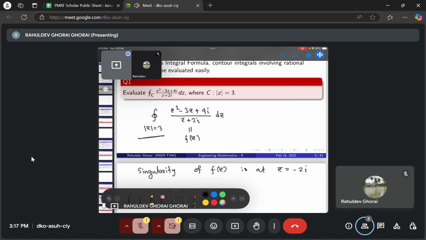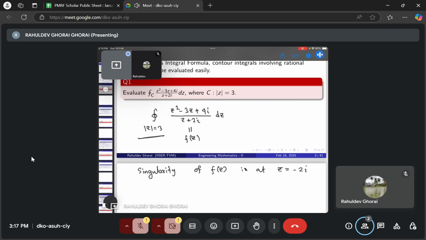For all other values, it won't be a singularity; it will give some value. The singularity is the point where the function is not differentiable, but at all other points it is differentiable. Or you can see it in a way that 1 over f(z) will have 0 at that point, right? So the only singularity will be z equal to minus 2i.